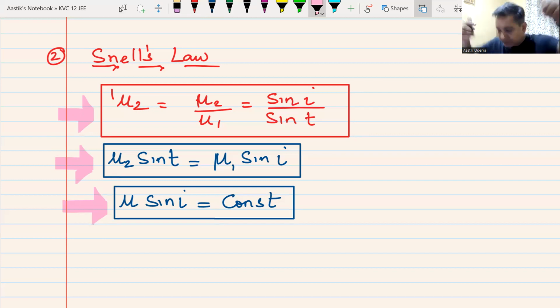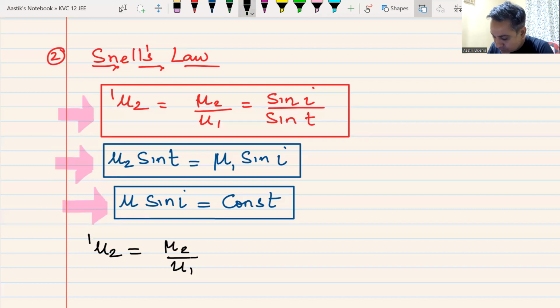Yes, sir. So now, putting everything together, that is what I'm going to write as the last thing. We started with mu of 2 with respect to 1. That is equal to mu2 by mu1. I wrote it as V1 by V2.